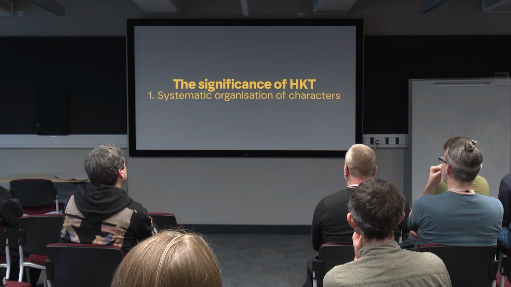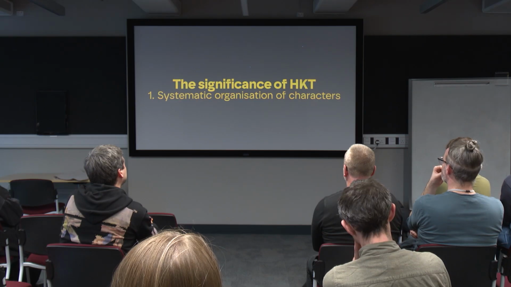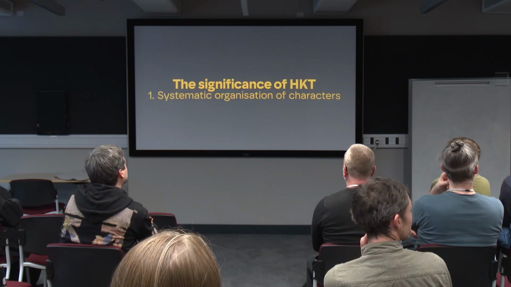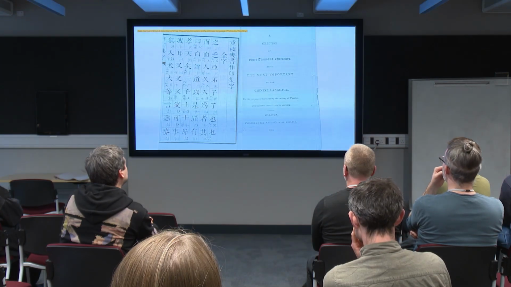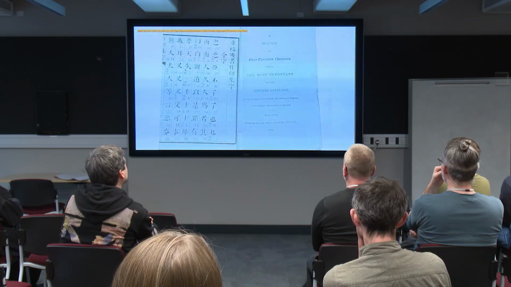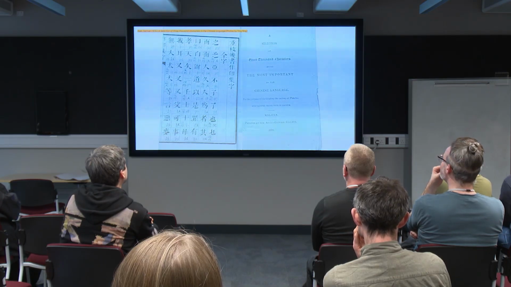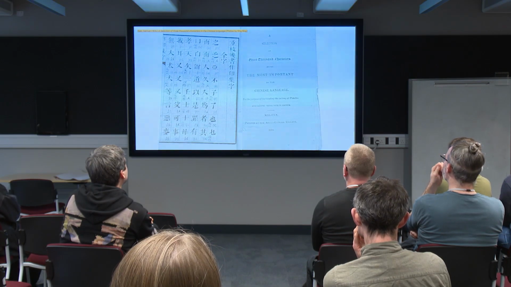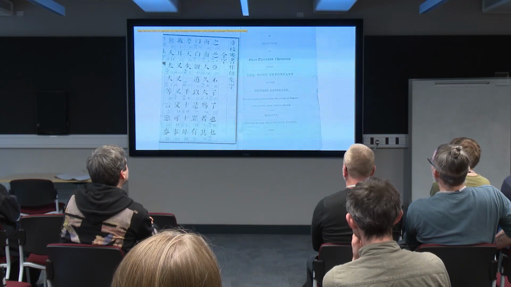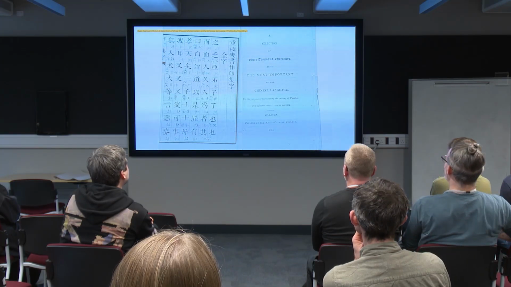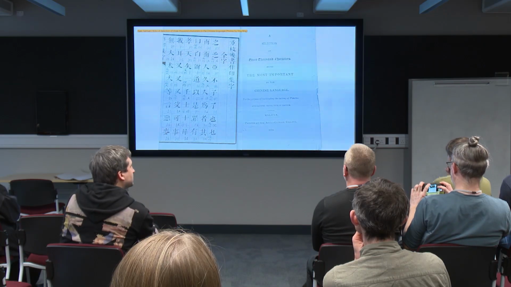Now, why is this significant? Firstly, Hong Kong type introduced a systematic approach to character selection based on frequency of use. Samuel Dyer studied more than 10 Chinese classic books, counting each unique character and how often it appears. He estimated that roughly 2,500 to 3,000 characters could cover most needs.